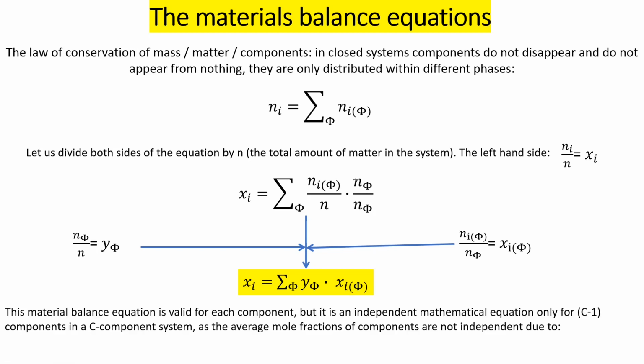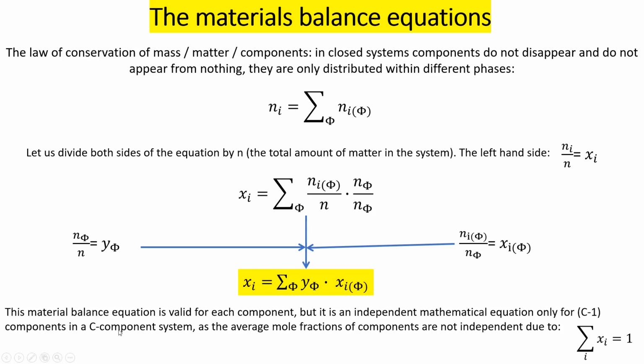The beauty is that this equation is true for all components i, although you remember we already had another equation, a connection between mole fractions of component i, which tells that the sum should be 1, and therefore the material balance equation holds new information only for C-1 components in a C-component system.